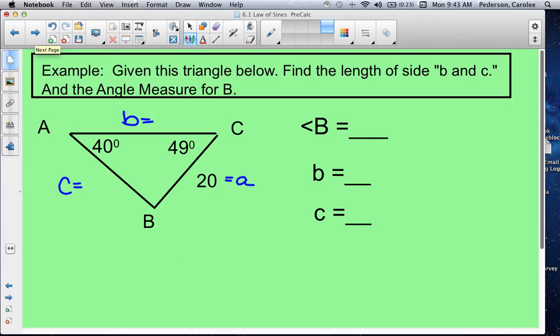So what do we want to find first? How do you find angle B? Yep, the triangle sum theorem. The triangle sum theorem from geometry says the sum of any three angles in a triangle must always add to 180 degrees.